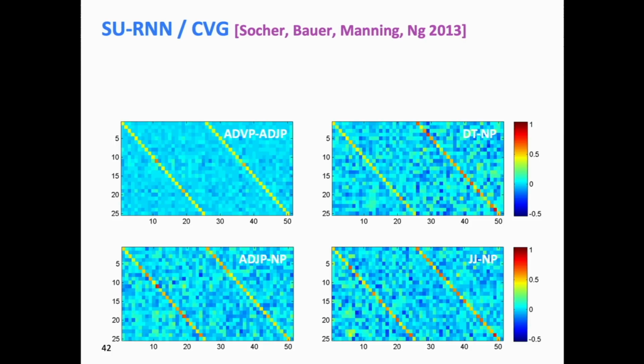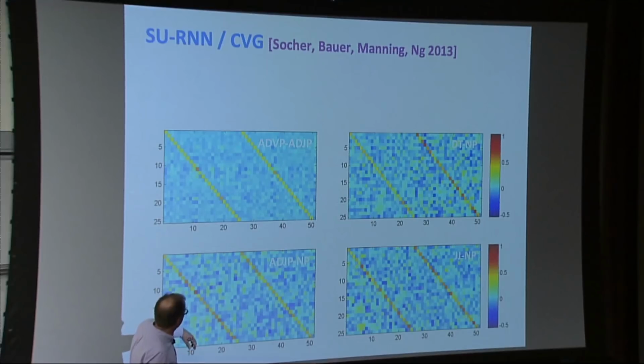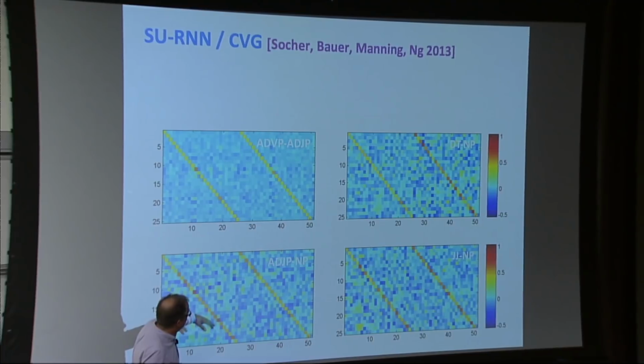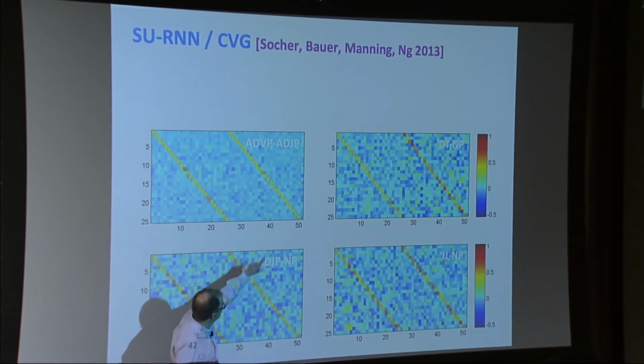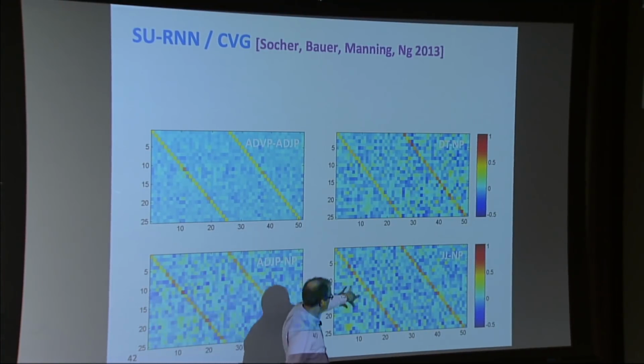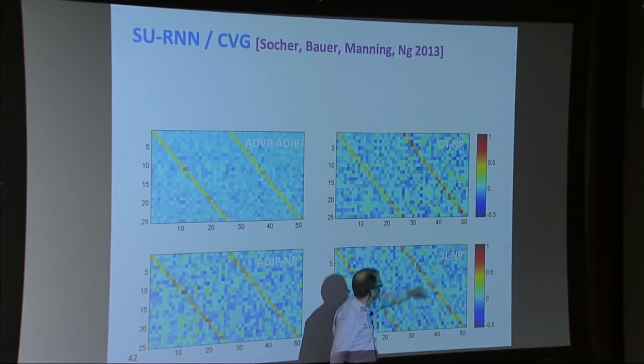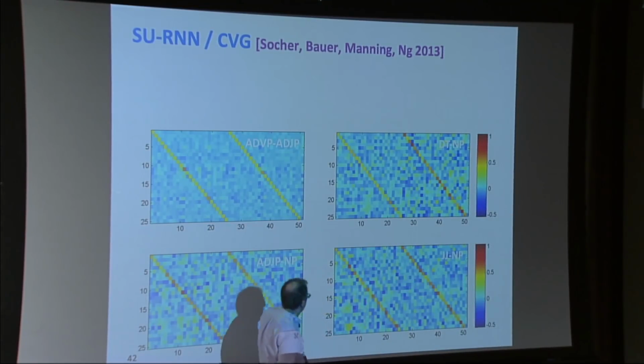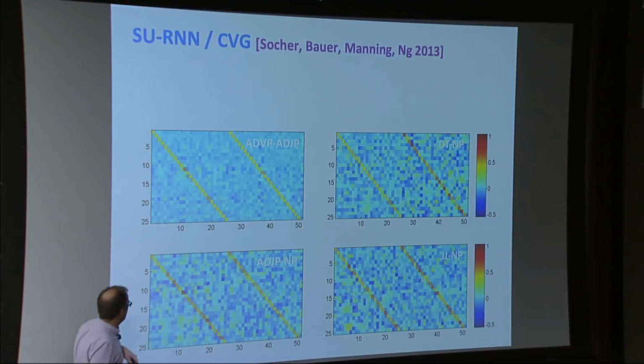This one shows a variety of modification structures, where adjectives or adverbs are modifying either a noun phrase or an adjective phrase, or just a single adjective is modifying a noun phrase. And the thing that you seem to notice is that there are particular dimensions which are capturing modification meaning.